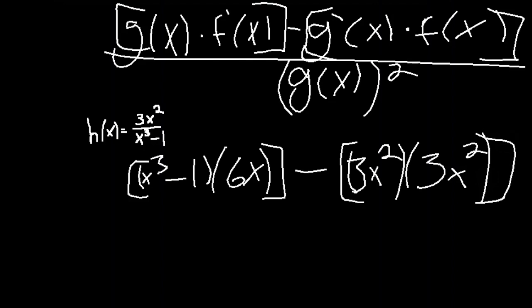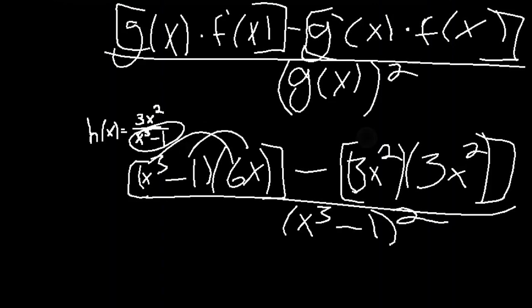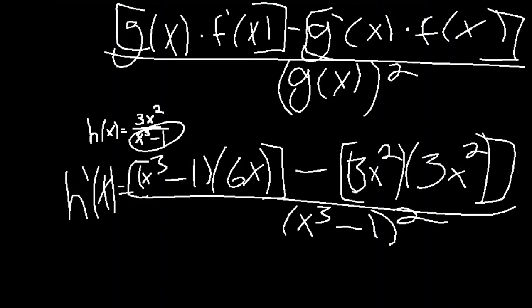We have that all over the denominator squared. Now, you could distribute all of this out, and then you could get a more simplified answer. But for the sake of this video, we're just going to say this is our derivative of h of x.